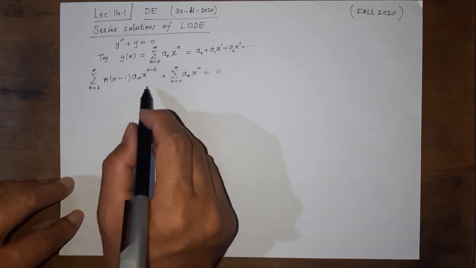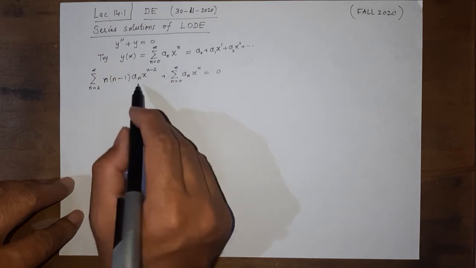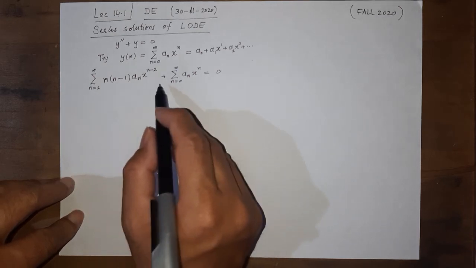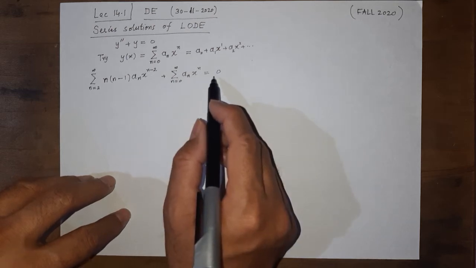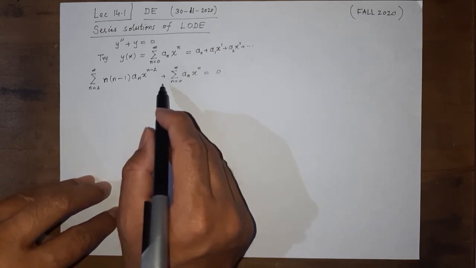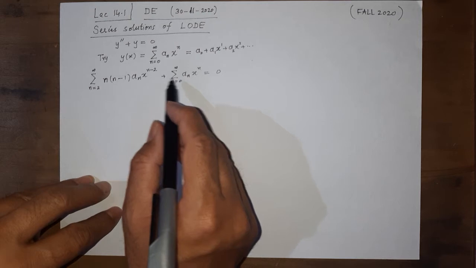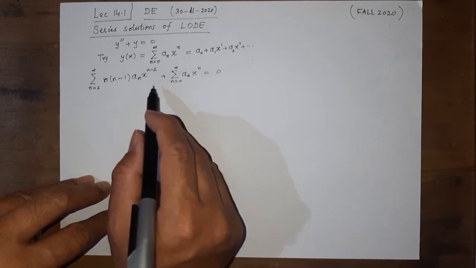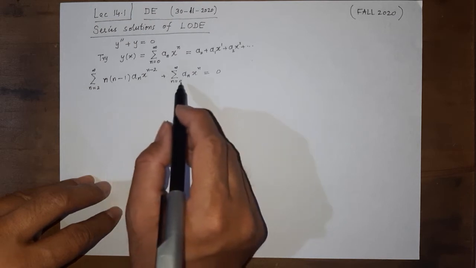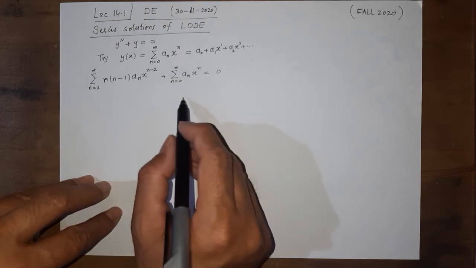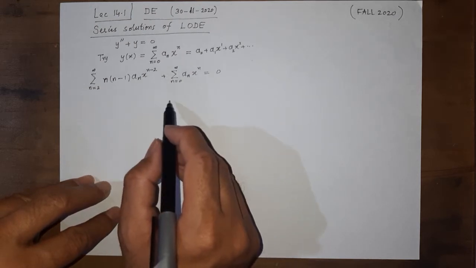Now we have a sum of two series, this infinite series and this infinite series. We add them together and get 0. The challenge here is to write such a summation of series in a way that we can represent them by a single series.